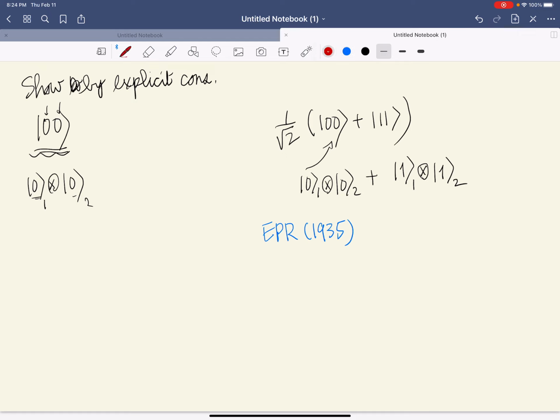So now, let's say you do a measurement on the first qubit. And then you happen to find that the first qubit was in a state of 0.